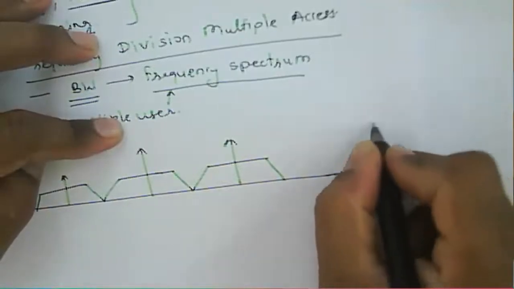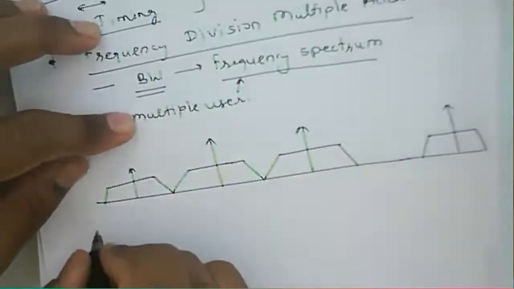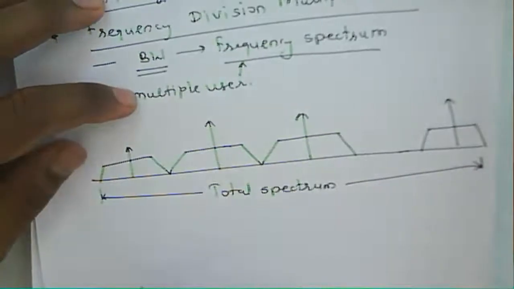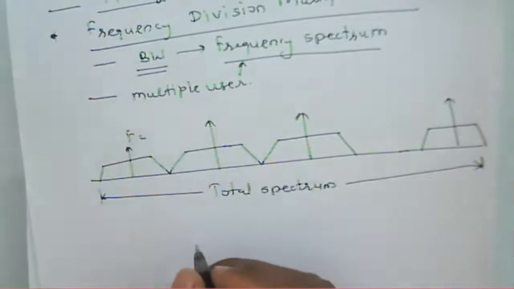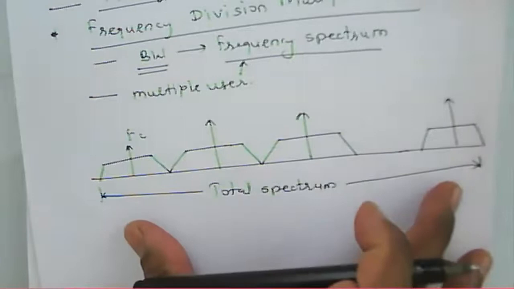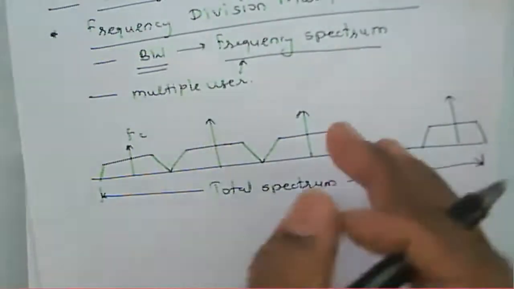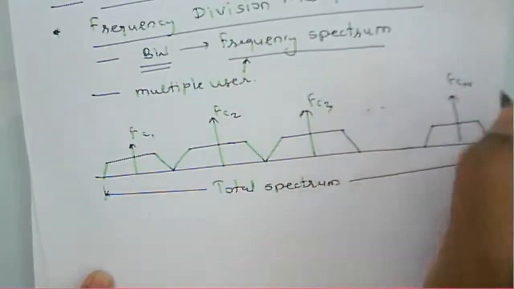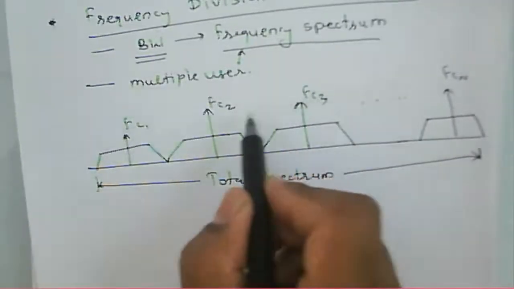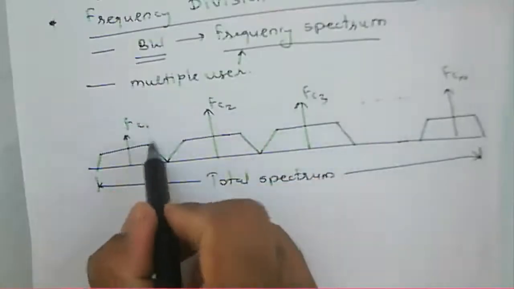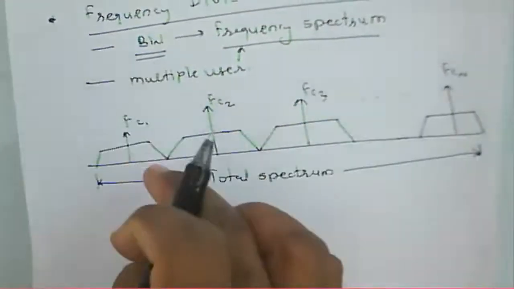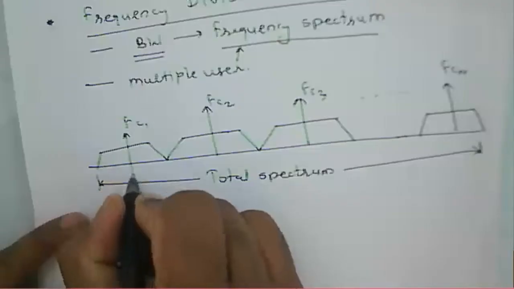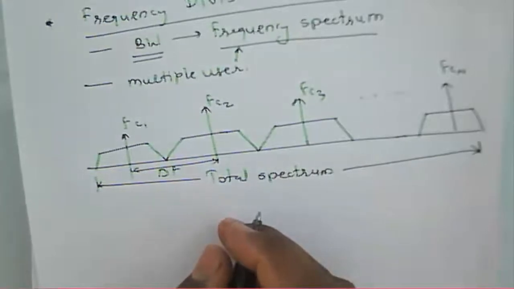You can see here, this is the total spectrum allocated, and these are the various carriers, or you can say the complete radio spectrum is shared by n number of transmitters, with carriers FC1 to FCN. Each transmitter has a separate carrier, and this carrier separation is del f hertz.